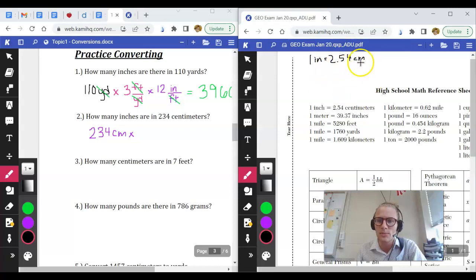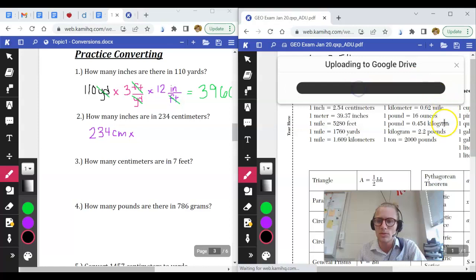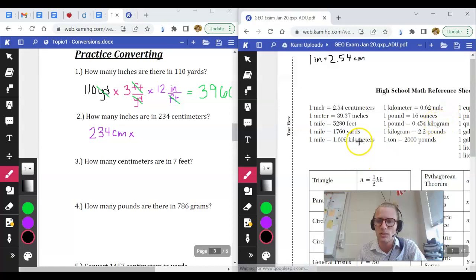So in order to get centimeters in the bottom, I will divide both sides by 2.54 centimeters. Now I'm left with 1 inch per 2.54 centimeters. Okay? I can see now that my centimeters are in the bottom.